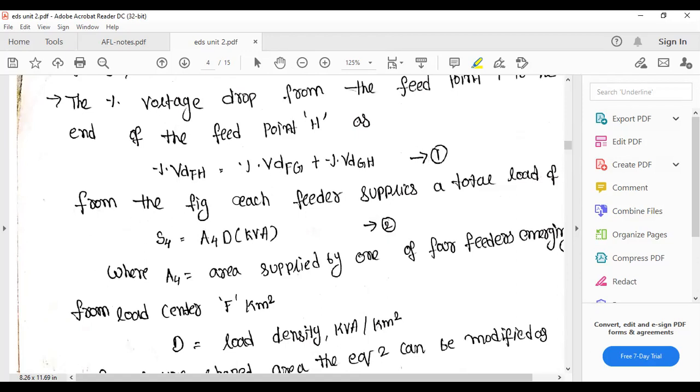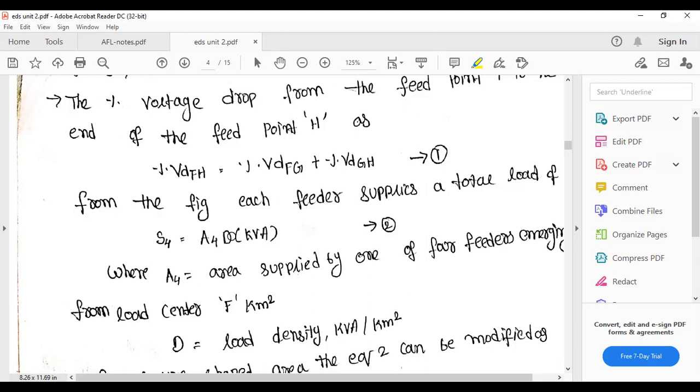Next, from the figure, each feeder supplies a total load. Therefore S is the total load. How many feeders are there? We have four feeders. Therefore S4 is equal to the total area A4 into D, where D is the load demand or load density for that area.